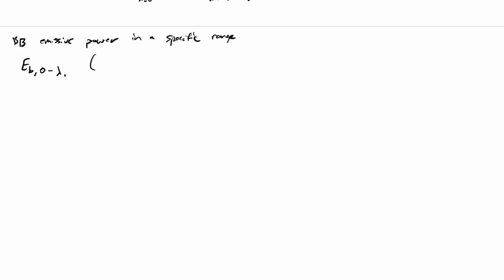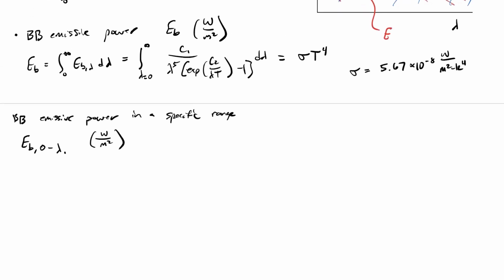Right? And that's going to, again, have units of watts per meter squared. We're integrating, but it's only in this range from lambda equals 0 to lambda equals lambda 1. So if we do that, you can write out the integral again, Planck's law here, but we just are integrating from 0 to lambda 1 instead of 0 to infinity.